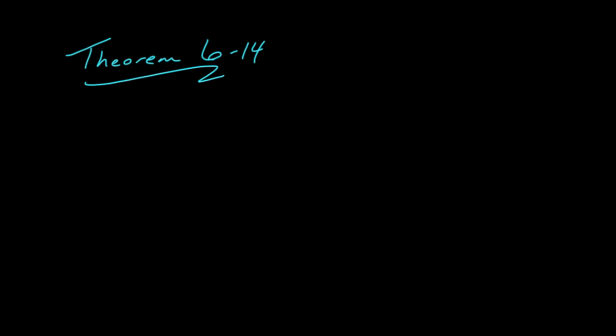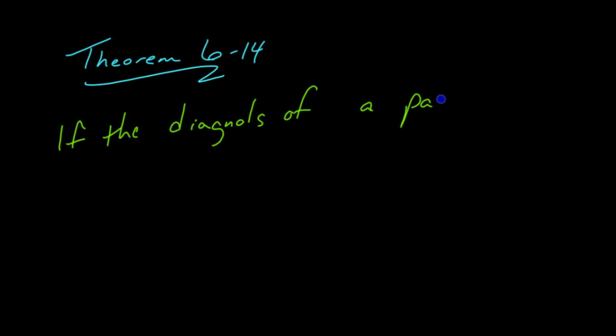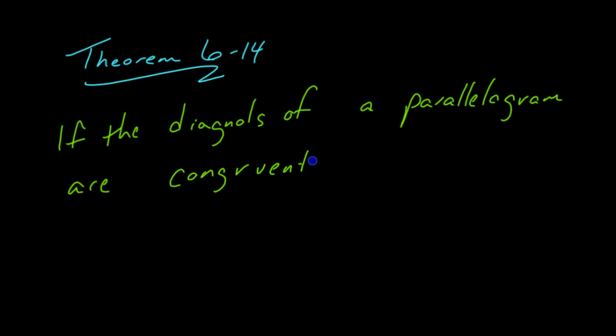All right, in 6-14, no longer talking about rhombus. This time around, if you have diagonals that are the same length, in other words, if the diagonals of the parallelogram are congruent to each other, then what that means is that the shape is actually a rectangle.